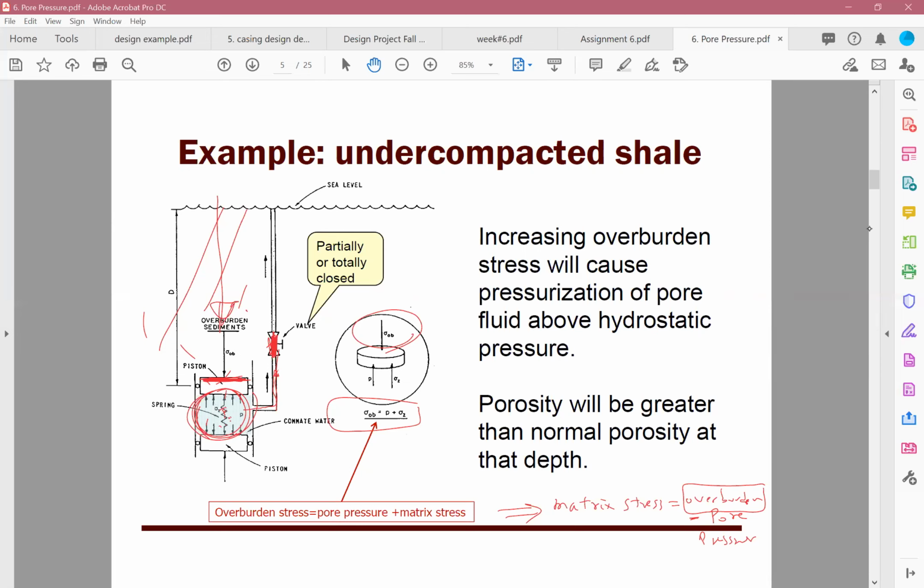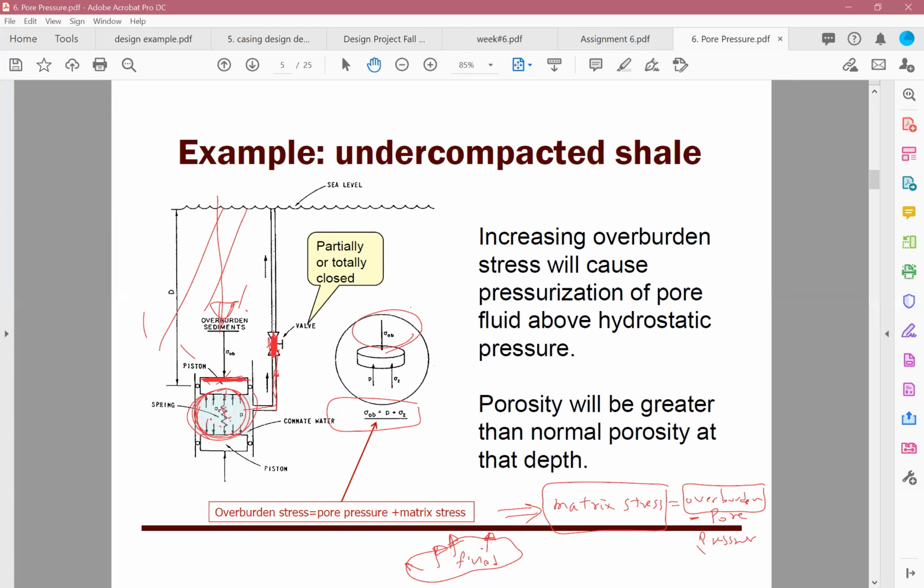And pore pressure is also a clear concept, right? Because you have some fluid and this fluid is under pressure, so it applies some force. So if you have a pore, you have fluid in it, and this fluid has some pressure and it exerts force on the wall of that pore, right? So that is called pore pressure. And the difference between these two, which are two opposing forces, is called matrix stress.